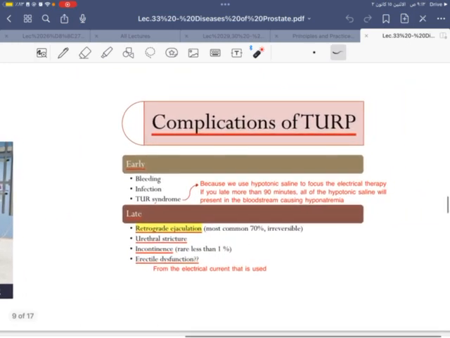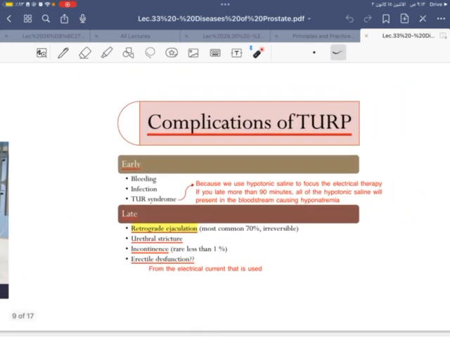Two complications of TURP, we have early and late complications. Early ones like bleeding. Of course the prostate is a highly vascular organ, so bleeding can occur intraoperatively. Infection, UTI, TUR syndrome. What is TUR syndrome? While resecting the prostate we use a hypertonic solution.